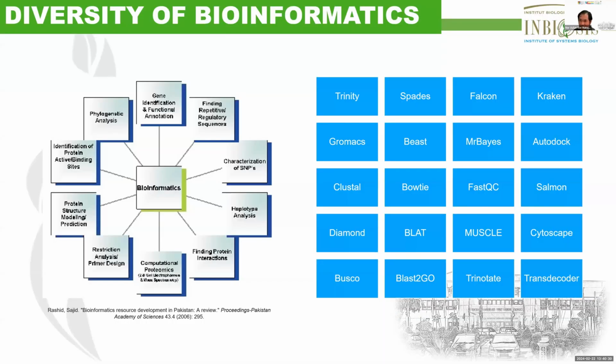So we know that there are many bioinformatics tools out there. It's very diverse and applies a lot of different kinds of analysis. From gene sequences to protein domains to protein structure, then we have SNP variant calling, and AI and machine learning things as well.